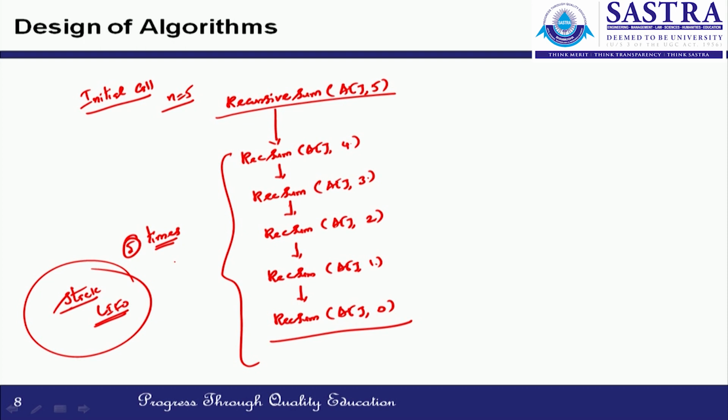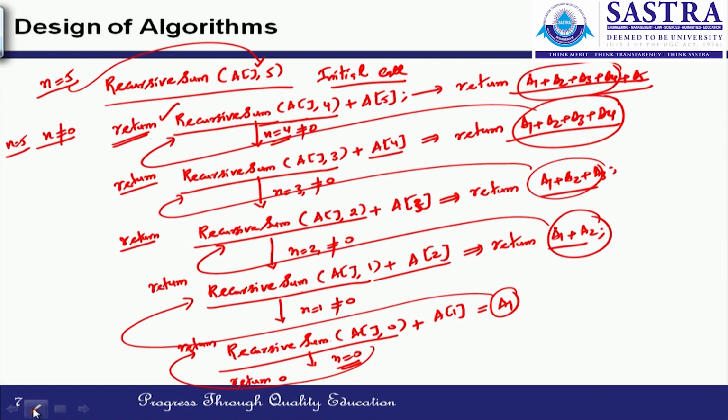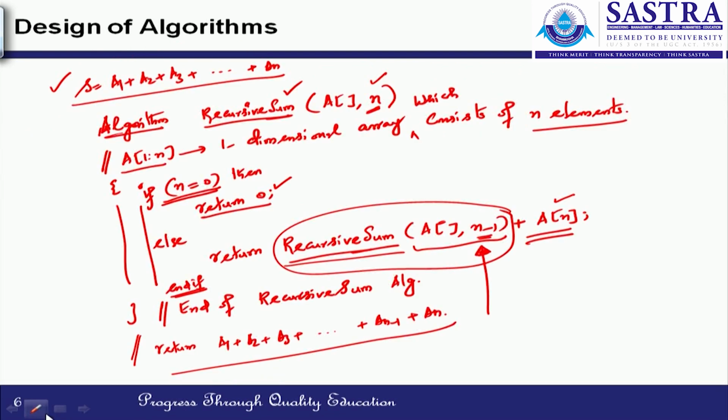Since initially n is equal to 5, recursive sum a array comma 5, here 5 represents the formal parameter of the algorithm. In the algorithm, the formal parameter n is updated to n minus 1 in its first recursion.